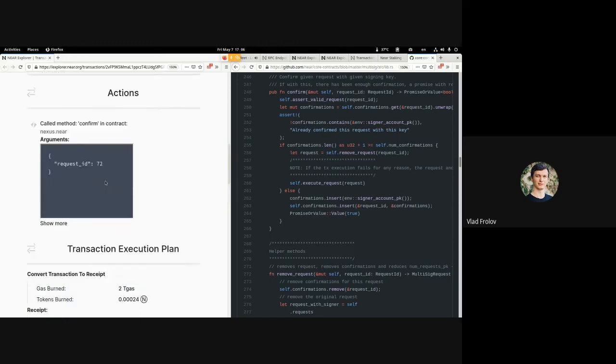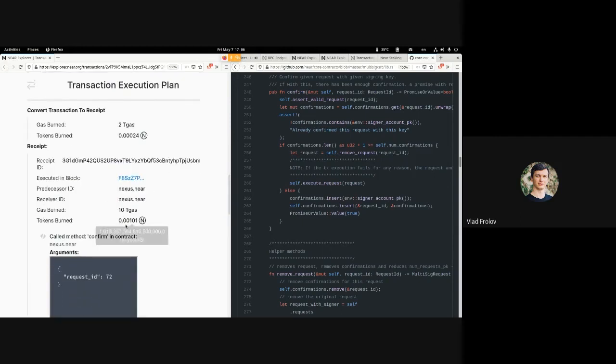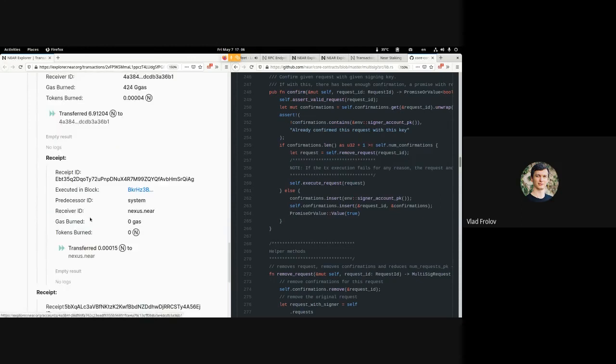Here we only have 2 confirmations. That is enough to confirm and execute the request.